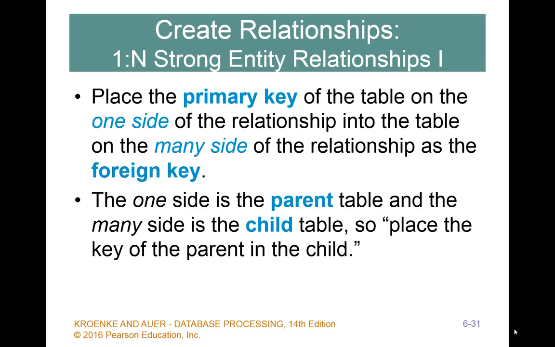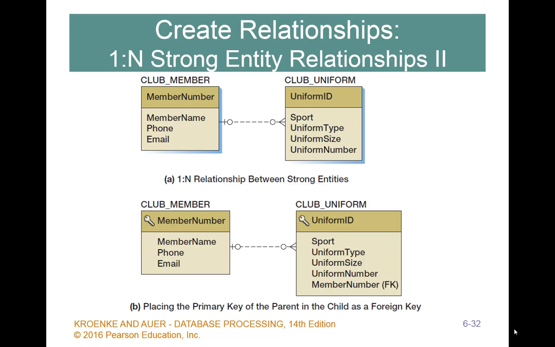So here's the example of a parent-child relationship between club member and club uniform. Notice in A is our entity diagram where member number is the identifier, uniform ID is our identifier, and our other attributes. And then in B, you see that member number now becomes our primary key of club member, and then member name, phone, and email become our non-key attributes or columns in our club member table.